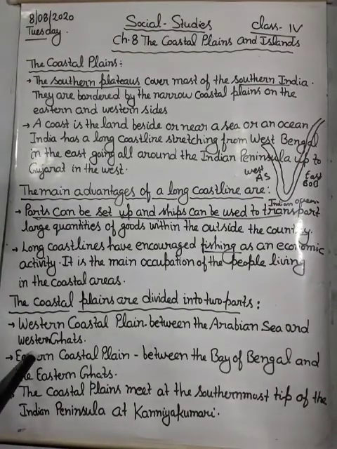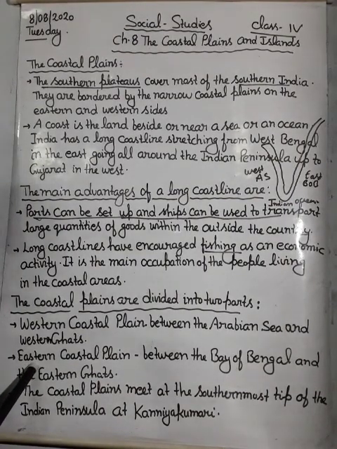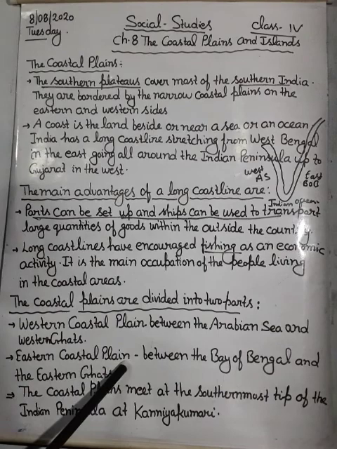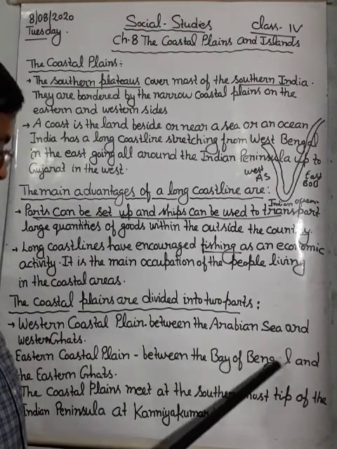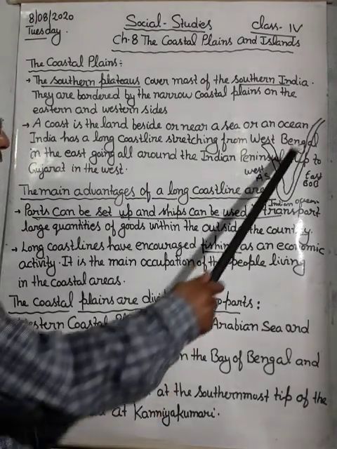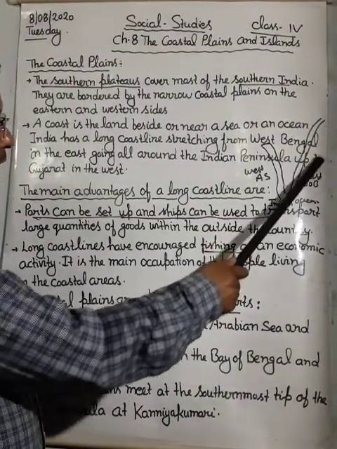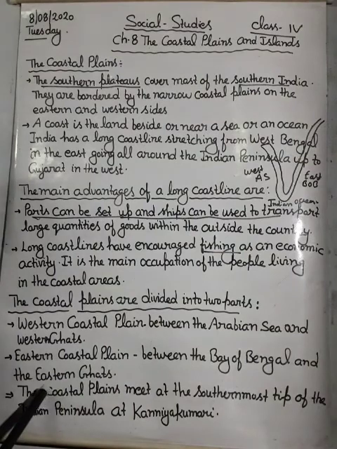The second one is the Eastern coastal plain, which lies between the Bay of Bengal and the Eastern Ghats.